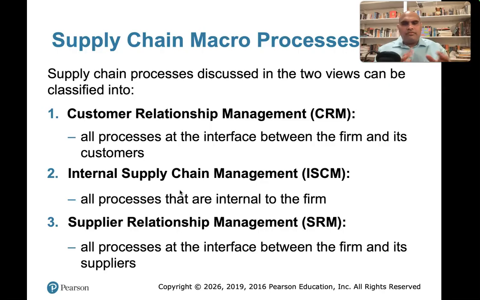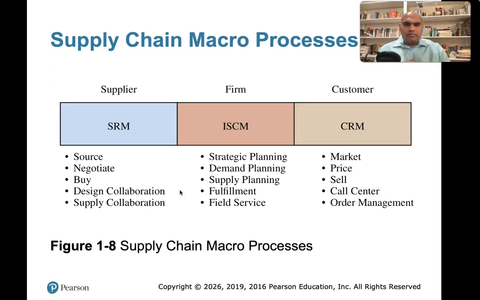There are three different ways. You have customer relationship management, where a company is managing its relationship with its customers. You have supplier relationship management, where you're managing the relationship with your supplier, and also internal supply chain management, right? So these are the three different macro processes of supply chain.